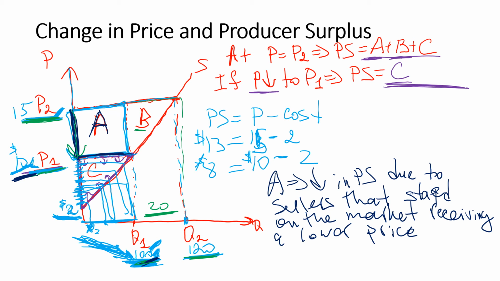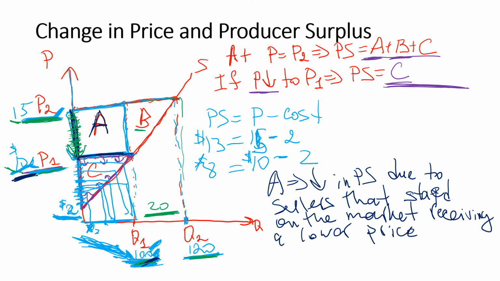They left the market, didn't they? These 20 sellers left the market because their cost of production was somewhere between $10 and $15. So their cost of production was somewhere in this range, and when the price was $15, they were saying, I can sell. But when the price decreased to $10, they're saying, oh, my cost of production is higher than the price, I'm going to leave the market.